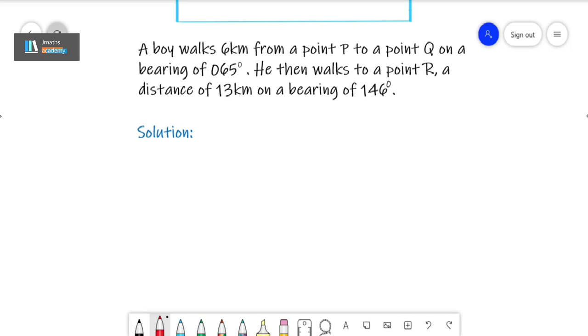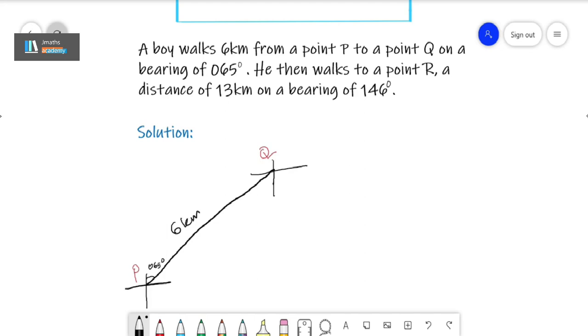So let's say the boy walks from a point P on this region to a point Q. So he walks 6 kilometers from P to Q. He walks 6 kilometers on a bearing of 65 degrees.